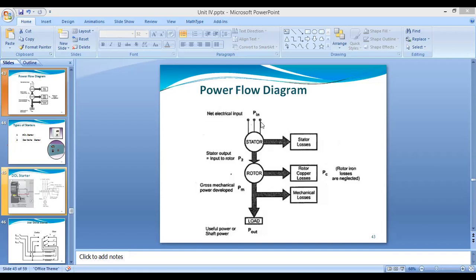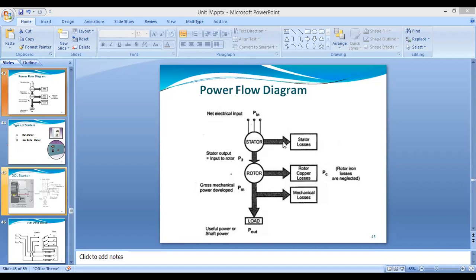That's why we take P in equal to P2 plus stator losses, because some power is going to the stator copper loss and the stator iron loss, and some power will go to P2. P2 is the rotor input. So we can take rotor input P2 equal to P in minus P stator losses, meaning the copper and iron losses which we get in the stator.